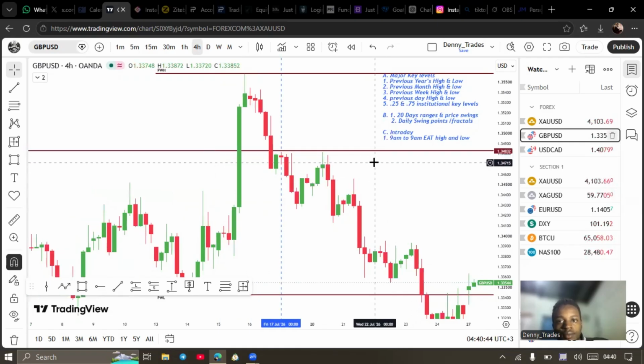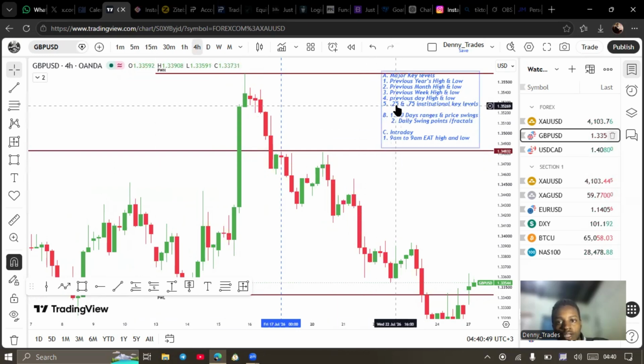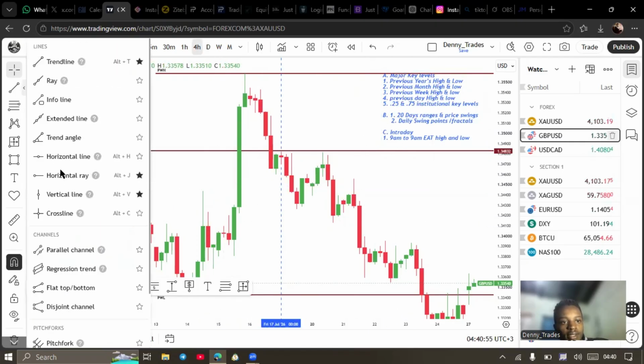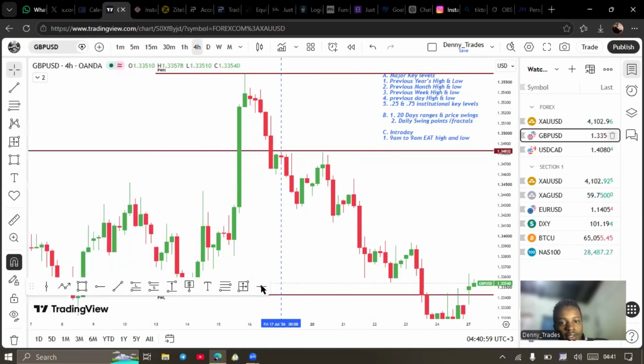Okay. So on key levels, I like to mark the 0.25 and 0.75 institutional key levels. So we're going to take this horizontal line here, and you're going to start marking any 0.75 key level or 0.25 key level. So the first one will be this one, 1.3475.